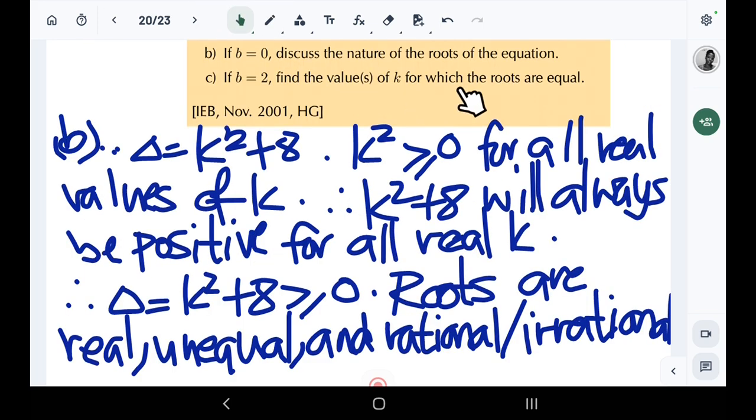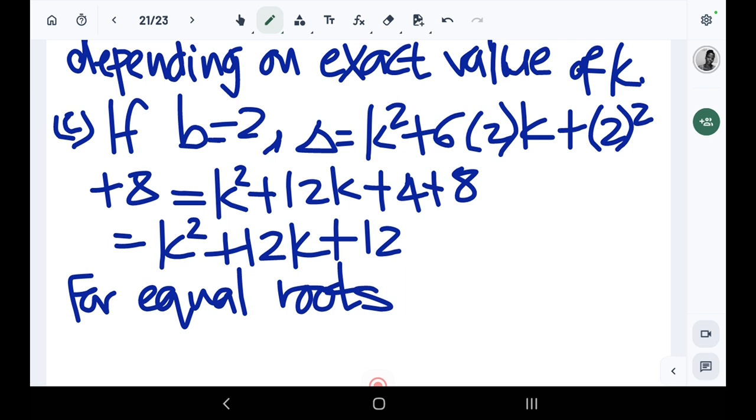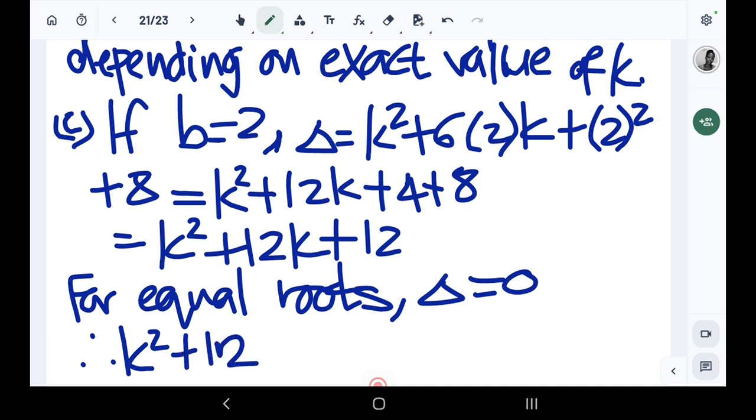Now for the roots to be equal, we need to equate the discriminant to 0. The discriminant must be equal to 0, meaning that k squared plus 12k plus 12 must be equal to 0, and now we solve.